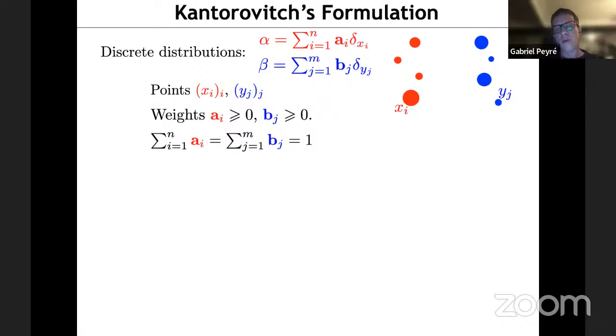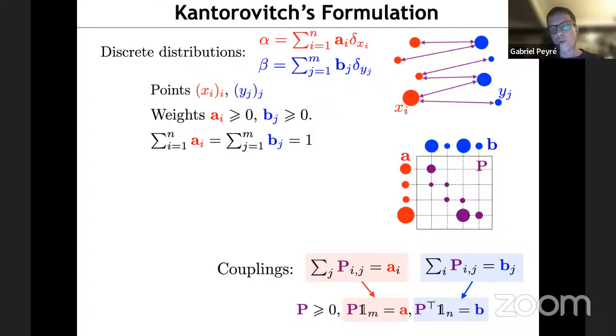But in the discrete case, the contribution of Kantorovich, for which he got the Nobel Prize in economics, so it's kind of a big deal, is to describe this movement of mass not using a bijection, but using a coupling. Kantorovich called this a transport plan, because it was for economic planning, which you can think of as just a big matrix, or if you want, a joint probability distribution.